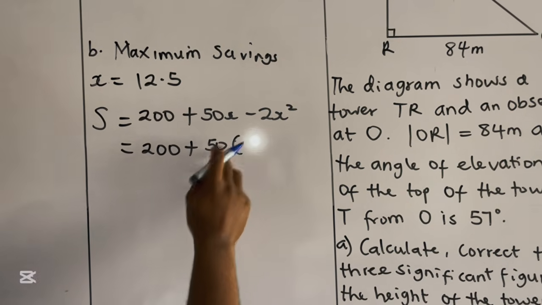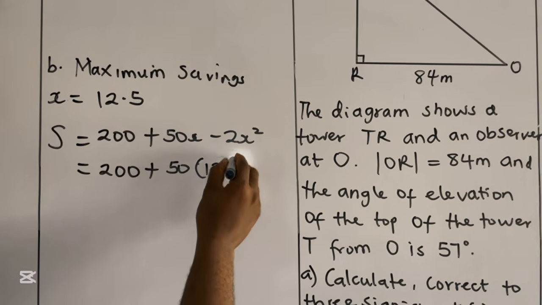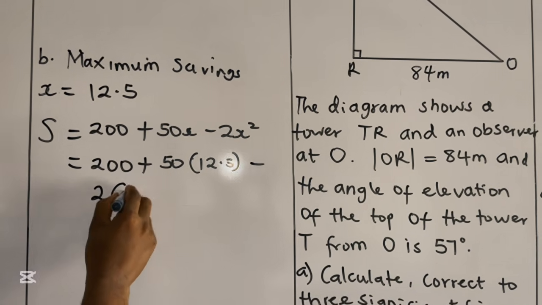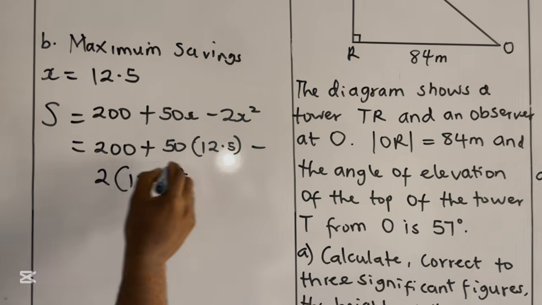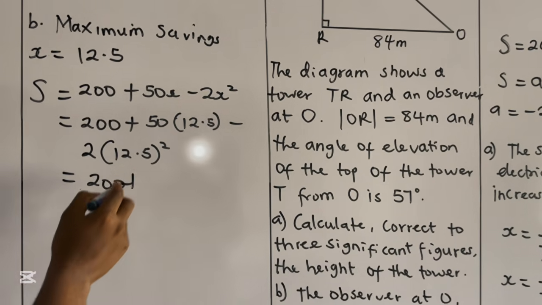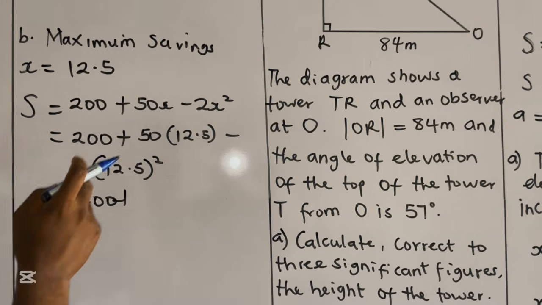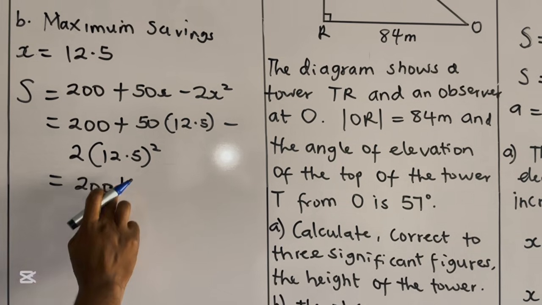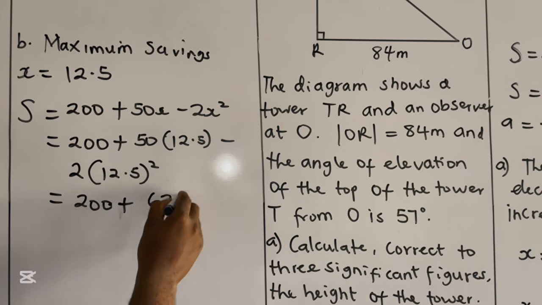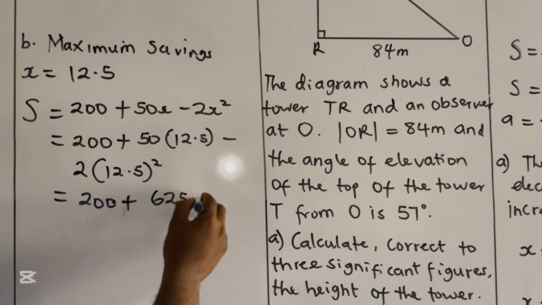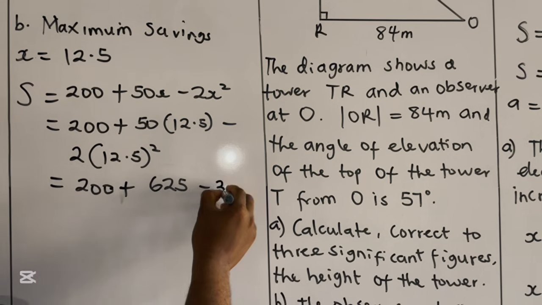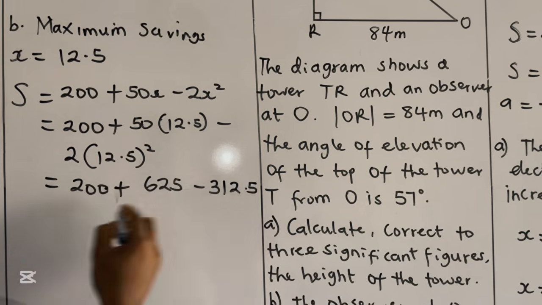So we have 50 times 12.5 minus 2 times 12.5 squared. So in this case now we have 200 plus 12.5 times 50, that will give us 625, minus 2 times 12.5 raised to the power of 2 will give us 312.5.